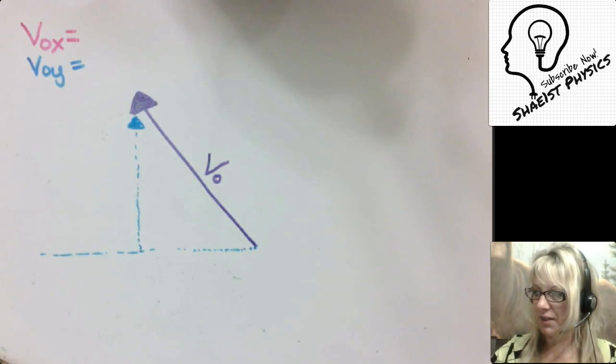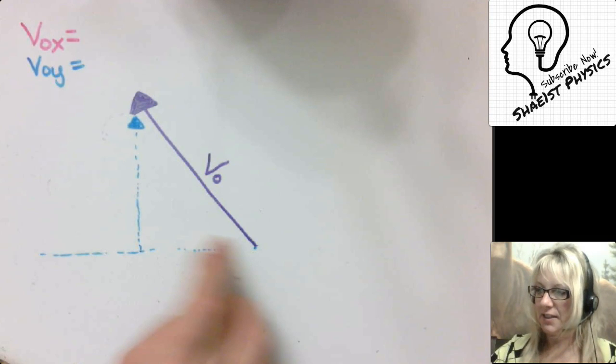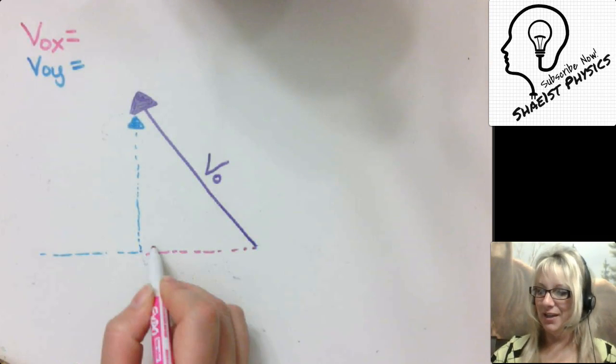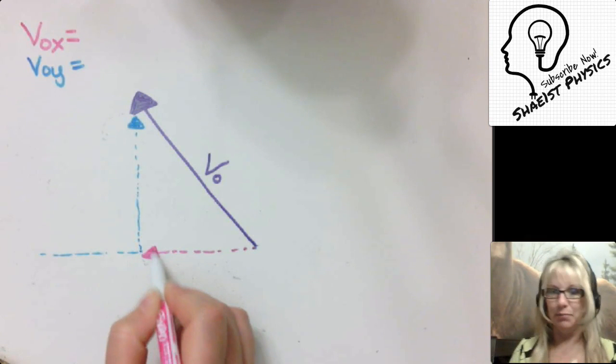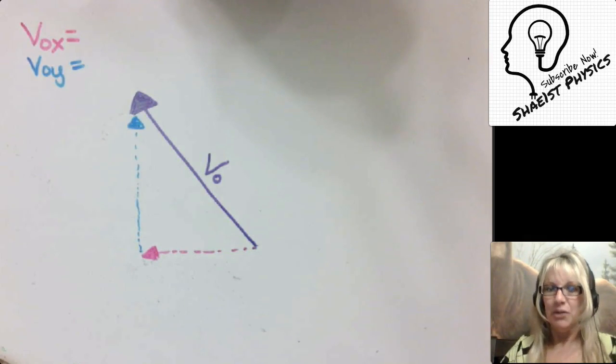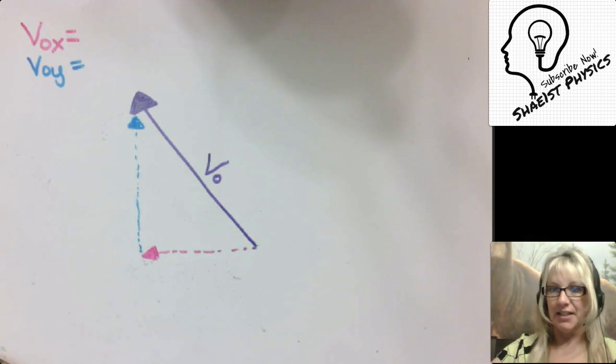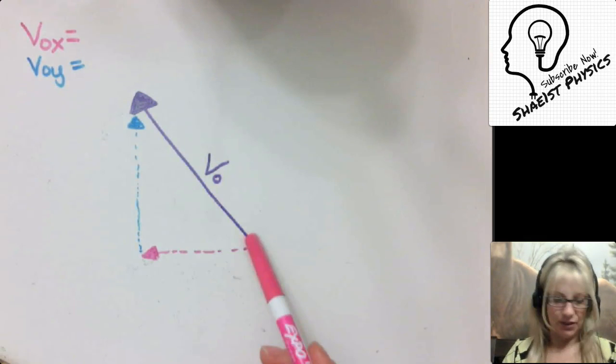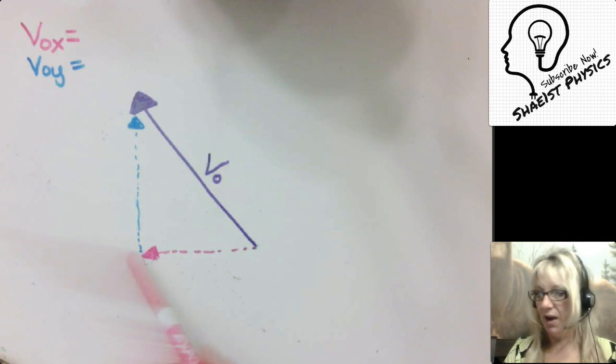And I'm just going to make this one here pink to stay consistent with our horizontal is pink, vertical is blue, and there we go. So I can replace this purple vector with the pink horizontal x vector and the blue y vector.